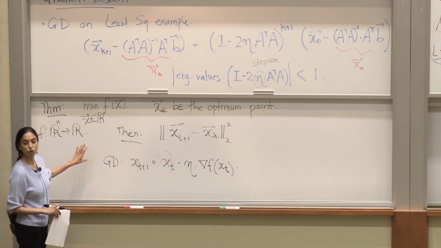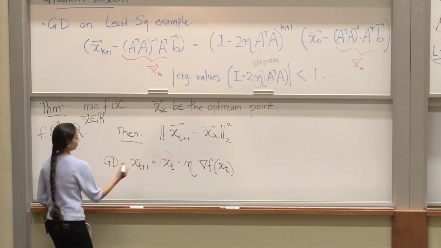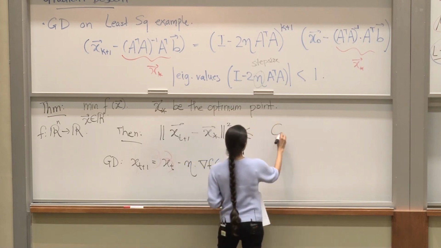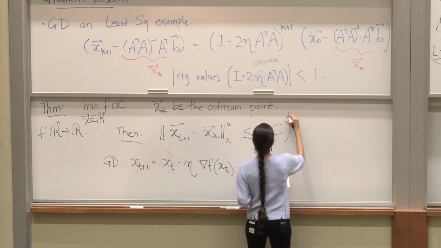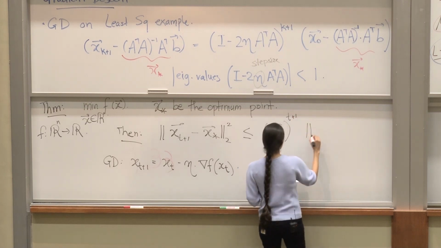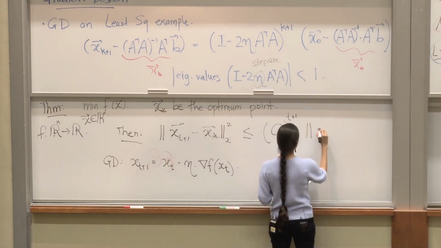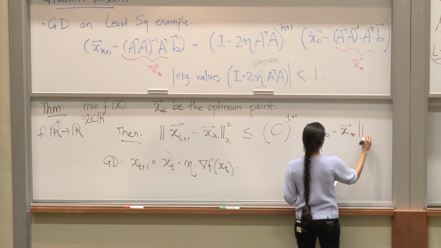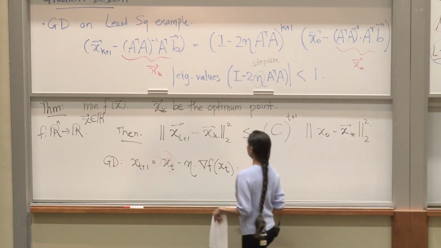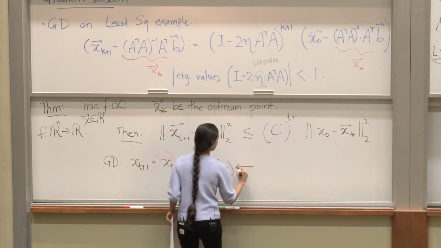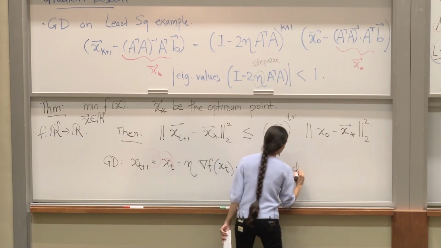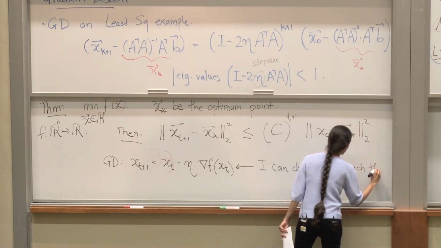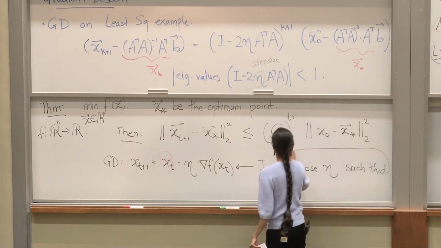Then I want to say that I can choose some eta such that this thing is less than or equal to some constant c to the power t plus 1. And here in the vector case, it'll be a matrix, times my distance from the optimum at the original point, at the initial point. Okay? I can choose eta such that this is true.